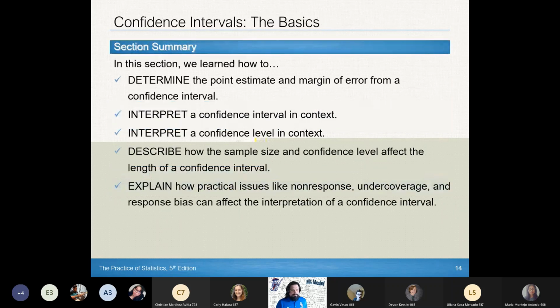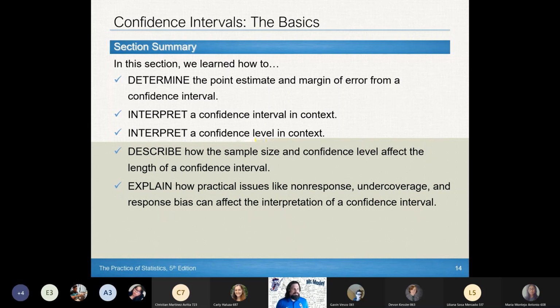So then, that's the end of this presentation, right? Hopefully we are beginning to learn how to determine the point estimate and margin of error from a confidence interval. We're learning that we can interpret a confidence interval and confidence level in context, and there's specific verbiage for those.